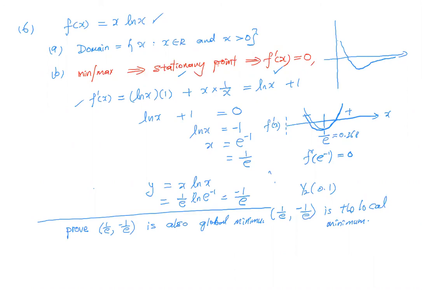Don't plot the dy dx. Go to window, put your x as 0.1 maybe. Then do a zoom fit and have a look at it. Oh no, I'm wrong. It increases. My graph is wrong. It goes in this way. Am I right?